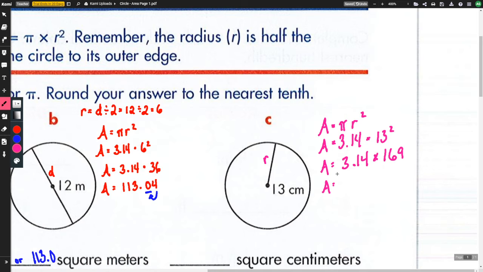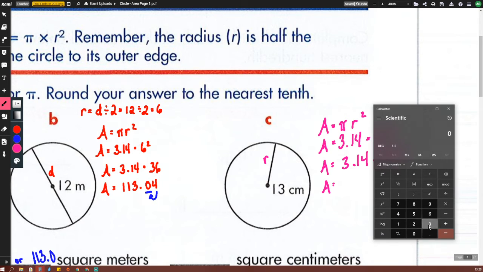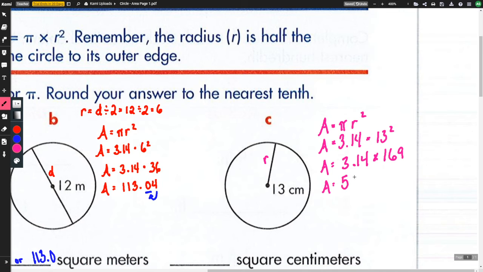Multiply them together. What is 3.14 times 169? 530.66.